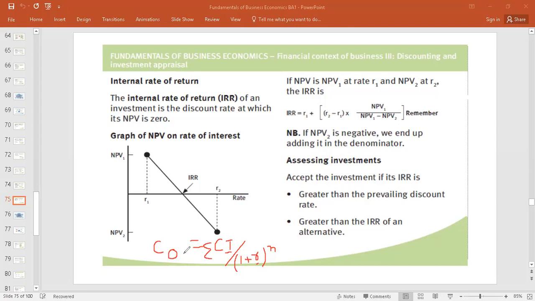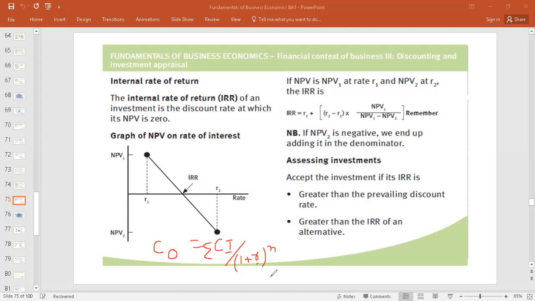So generally IRR is calculated. At IRR, the discounted cash inflows and the cash outflows are equal, so cash inflows minus cash outflow, NPV, will be 0. That's the point. At IRR, NPV is equal to 0. Since R cannot be easily calculated in simple steps, a trial and error method is adopted.